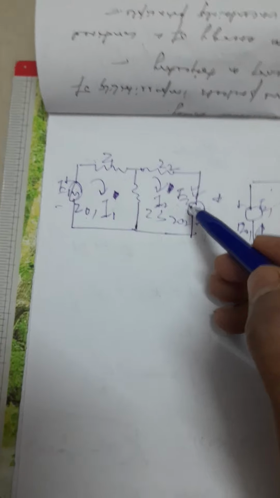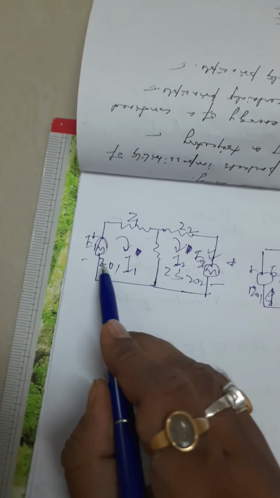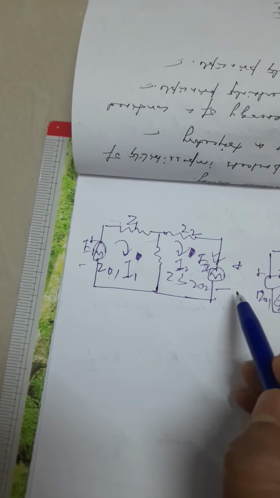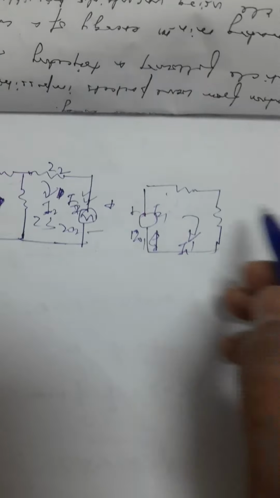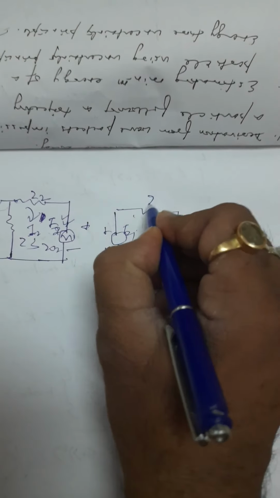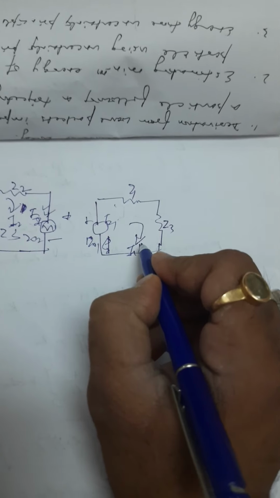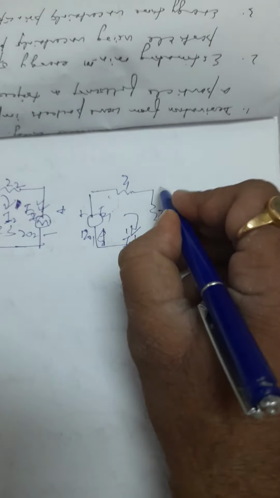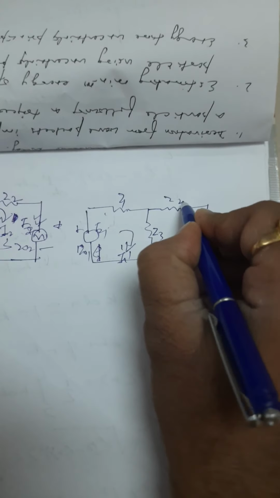Now you can see we have two sources, E1 with internal impedance Z1 and E2 with its impedance. Again, we modify this particular mesh. We'll have Z1 over here, Z3 over here, and Z2 over here, with I1 prime.